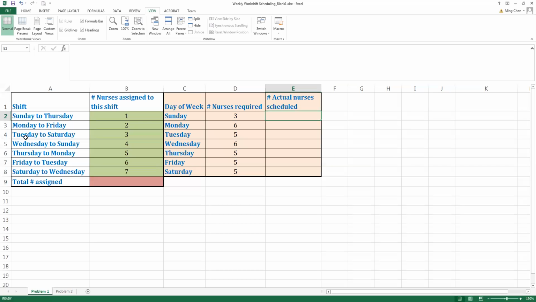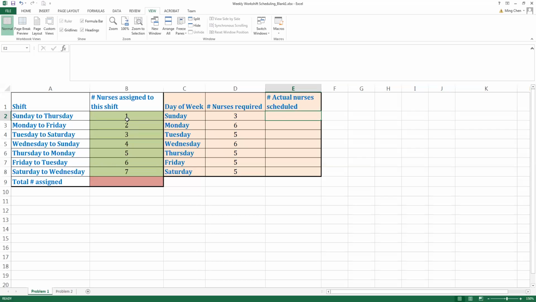Similarly, somebody working from Tuesday to Saturday will be taking Sunday and Monday off, so this person is not working on Sunday. What about the person working from Wednesday to Sunday? The answer is yes, because these are the working days. The next person, from Thursday to Monday, will be working on Sunday as well. The next person, from Friday to Tuesday, will be working on Sunday as well. And the last person, Saturday to Wednesday, will be working on Sunday.